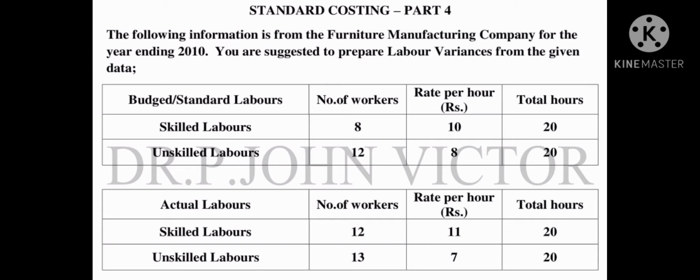You see here, there is no specific formula to be identified or worked. It is common labor variances, so that means we have to find the maximum possible solutions from this model.